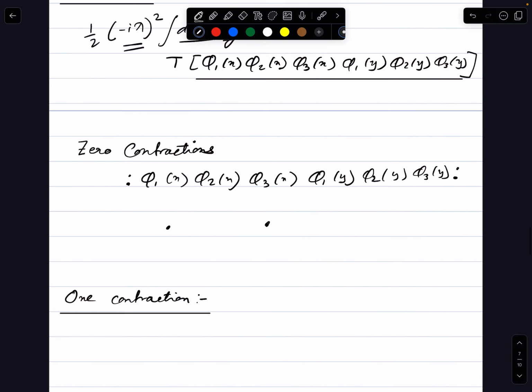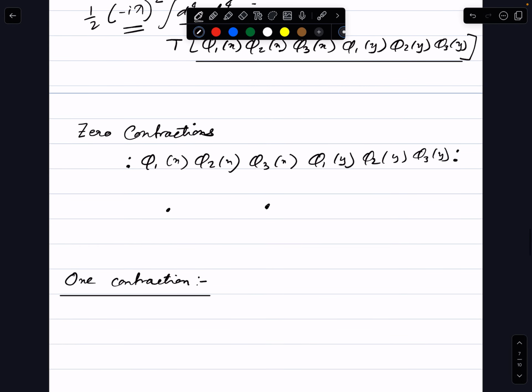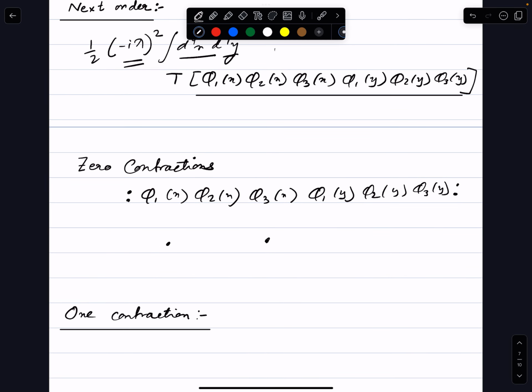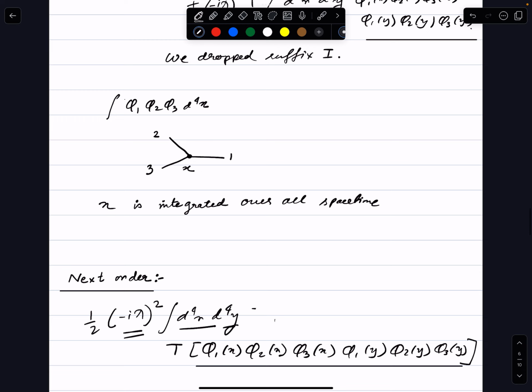So the first term is one with 0 contraction. I'm not contracting any of them. So then I can represent this by a picture where this is x, 1, 2, 3, and this is y, 1, 2, 3.